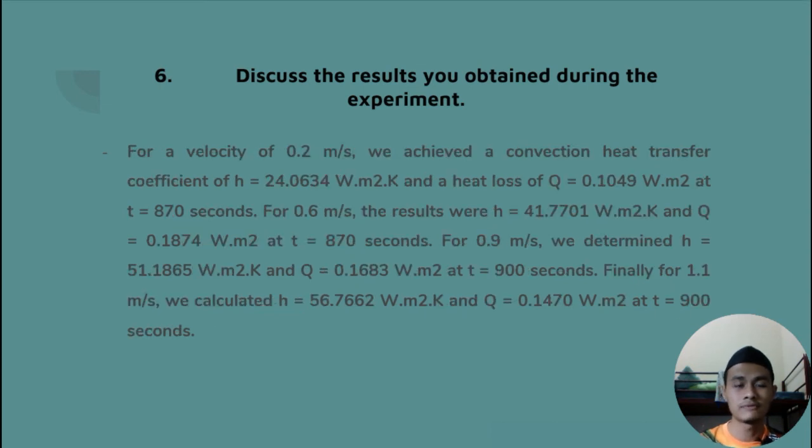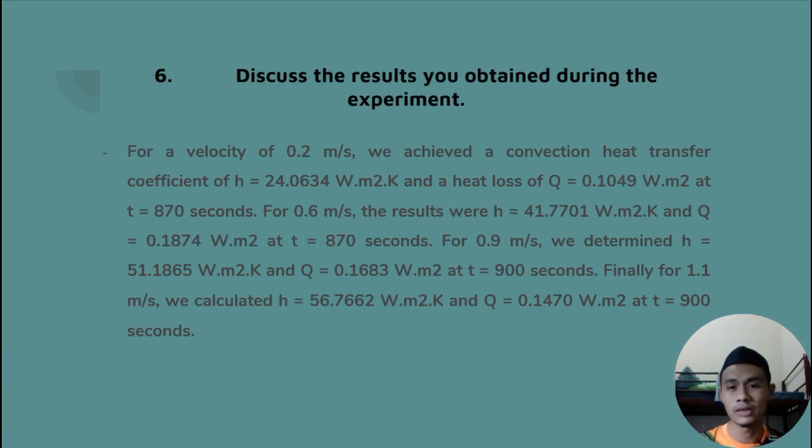Next, for experiment 2, for the velocity of 0.2 meter per second, we achieved a convection heat transfer coefficient of H equal to 24 and a heat loss of Q equal to 0.1 at T equal to 870 seconds. For 0.6 meter per second, we got H equal to 41 and Q equal to 0.19 at T equal to 870 seconds.